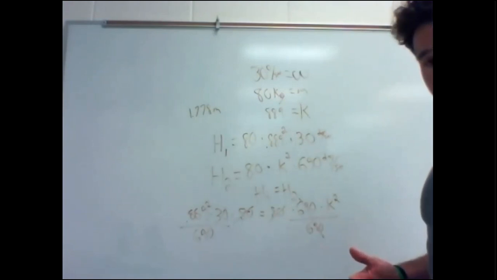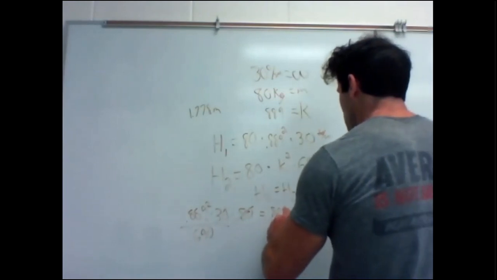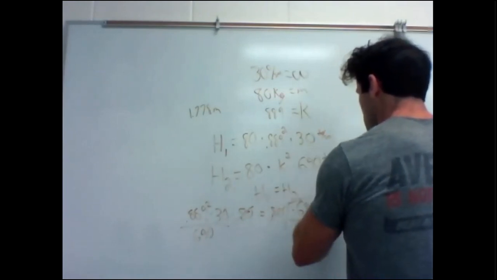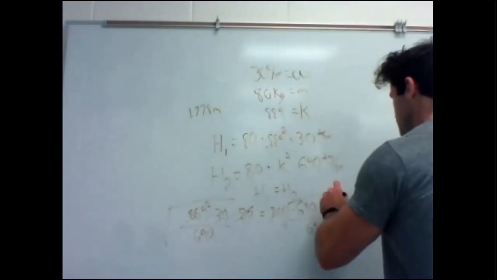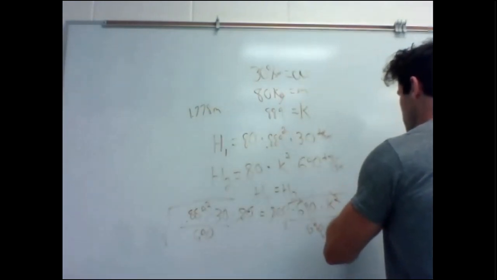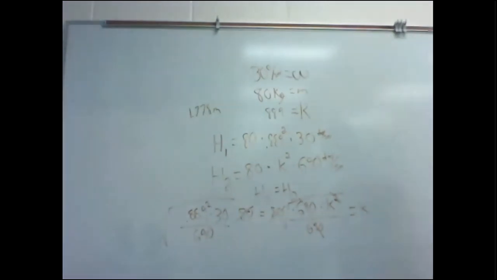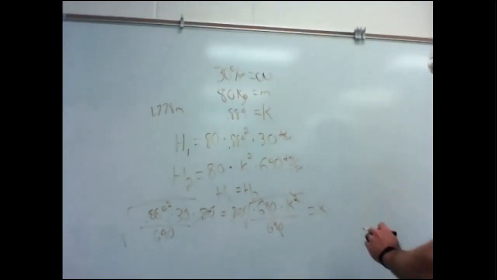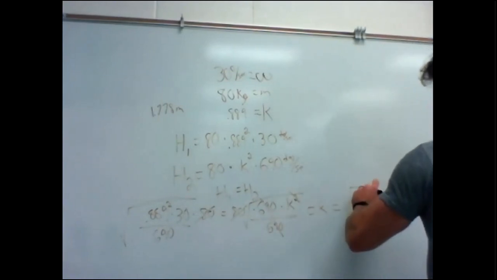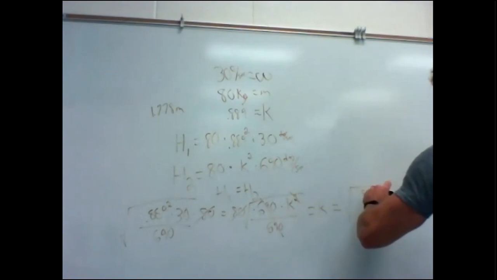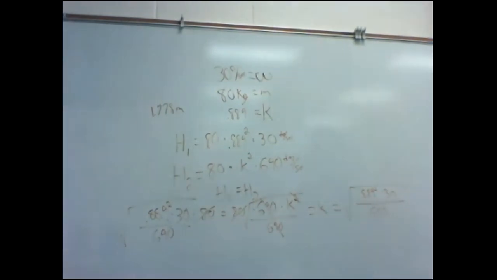So what we would then go ahead and do is take the square root of both sides, because that's going to leave us with the final equation of K equals the square root of 0.889 squared times 30 over 690.